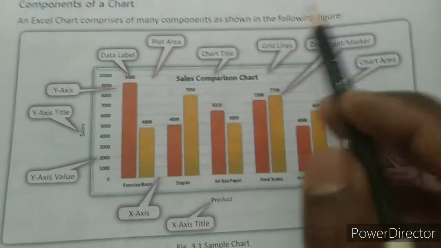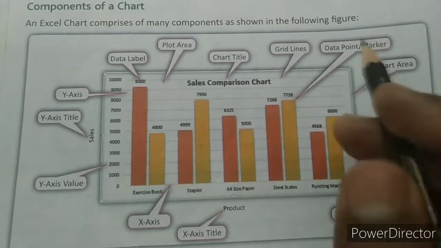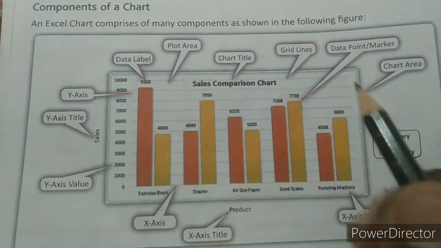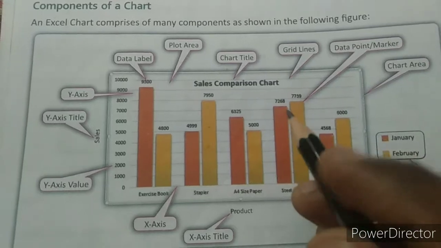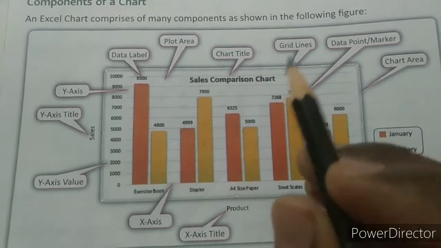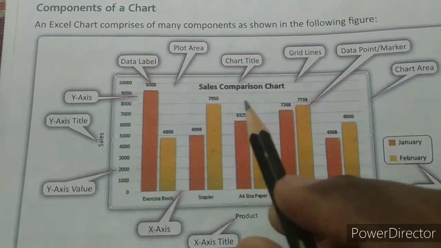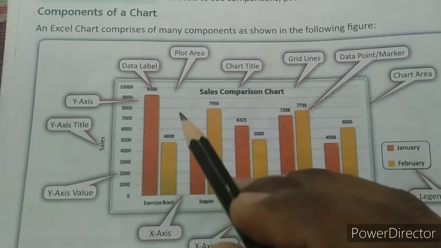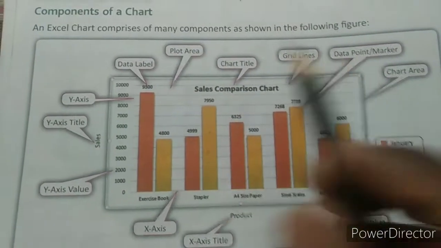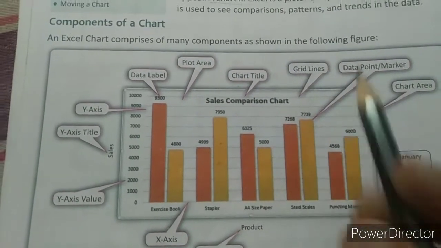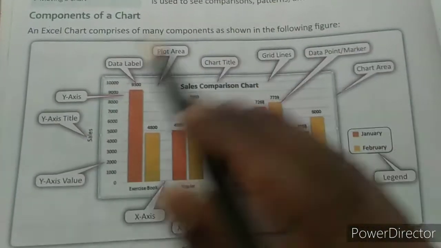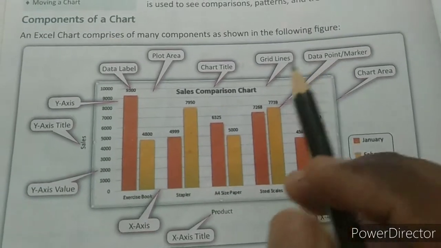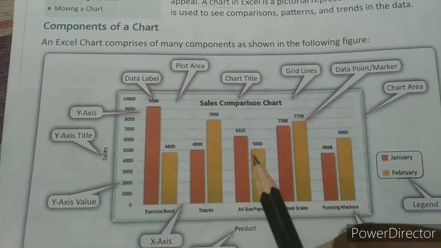You have to read this and learn this properly because sometimes picture questions, diagrammatical questions, are given to label the different parts of the chart. So this is the chart and these are the components. We will learn each and every portion one by one.